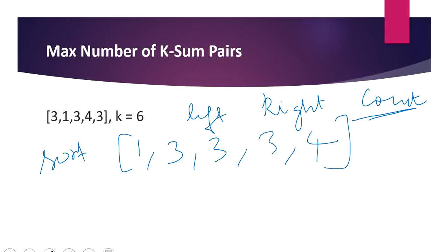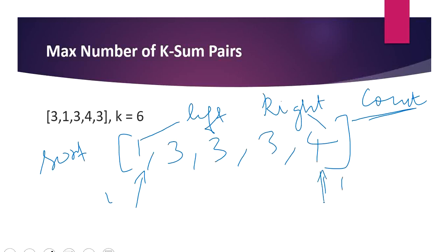Now why am I sorting the array? To identify where the lesser elements and the bigger elements are. The left points to the lesser element and the right points to the largest element in the array. So now we have our pointer left here and right here, and we're going to calculate.